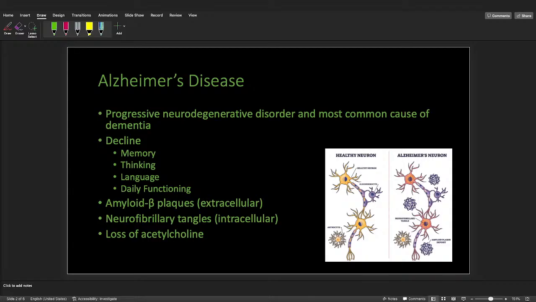In this case, Alzheimer's disease is a progressive neurodegenerative disorder and the most common cause of dementia. Just as I mentioned before, it is a decline in memory, thinking, language, and daily functioning. And like I mentioned, some things get in the way of the ability for these two neurons to connect, as I drew in the first slide, on the title slide.